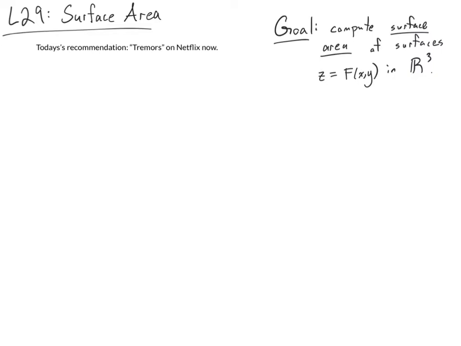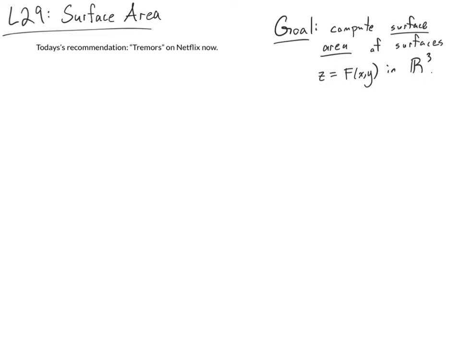Our goal now is to compute surface area of surfaces of the form z equals f of x, y in R3. I'm going to try to not go extremely over on lecture today, so let's see how we do. So how are we going to make a formula for surface area?